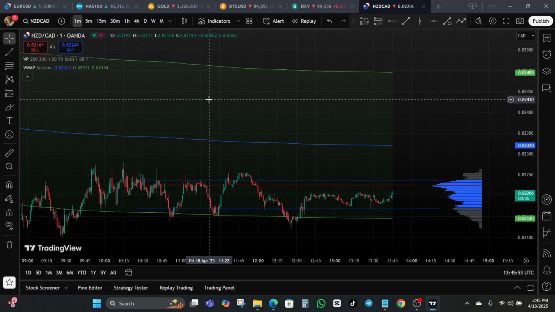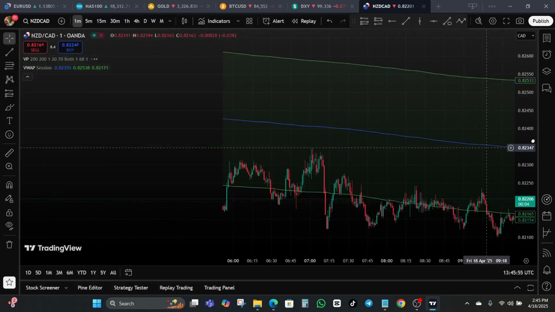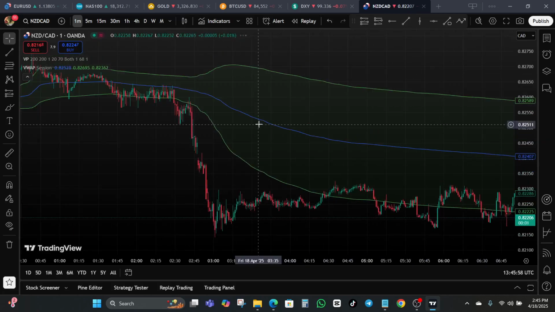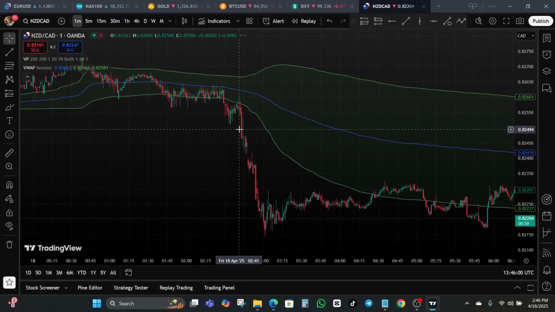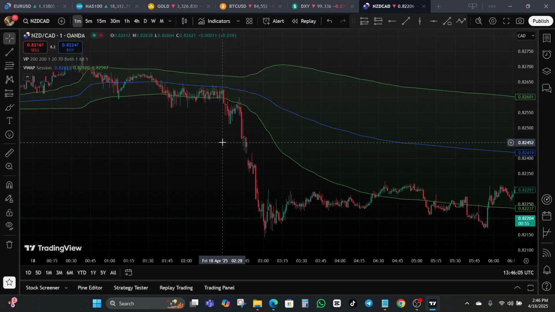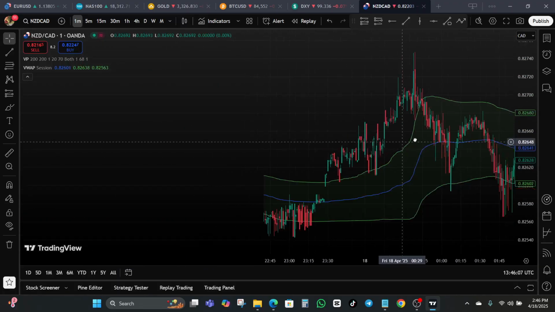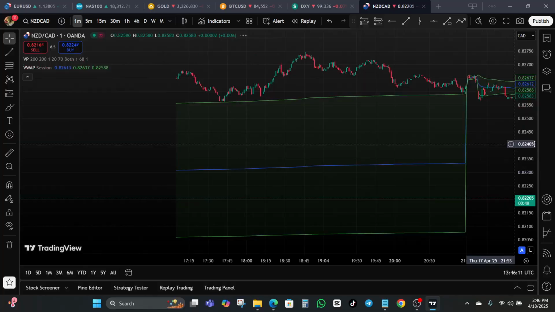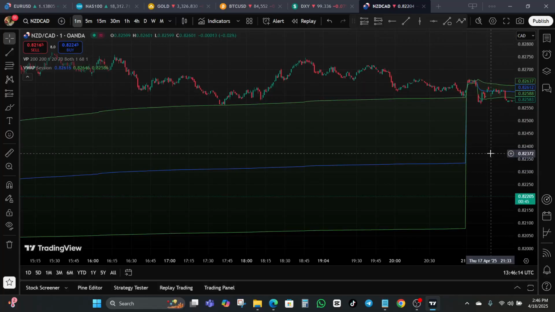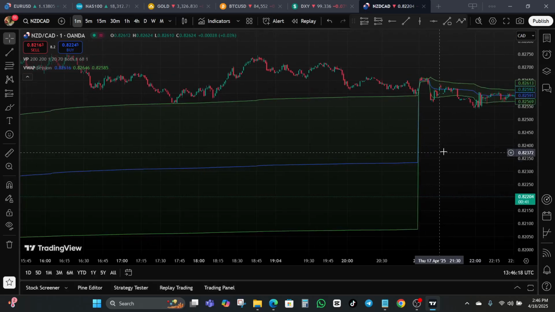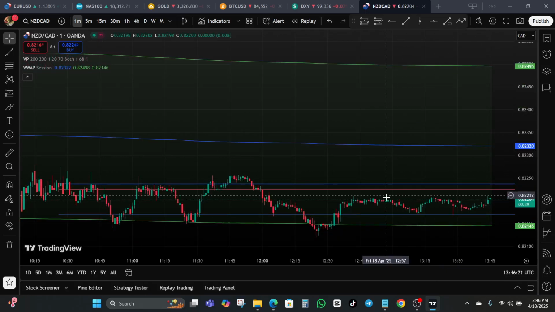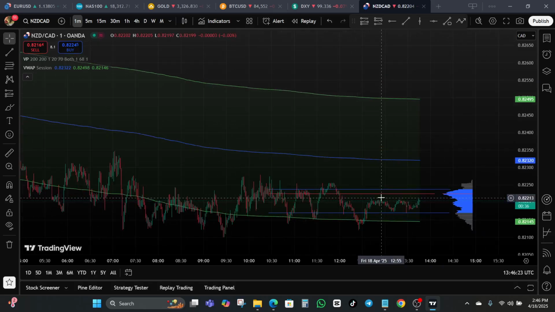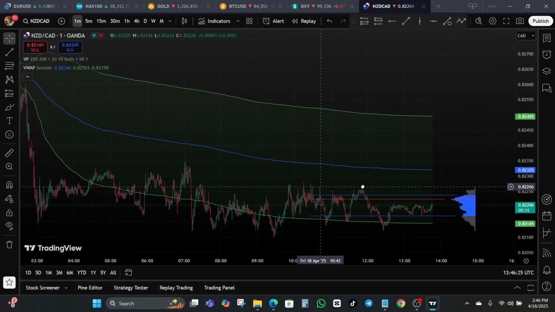So when price is above the VWAP, it generally indicates a bullish bias. Then when price is below the VWAP, it indicates a bearish bias.